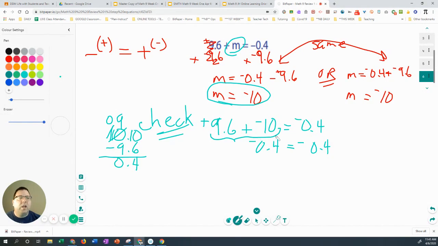You take the sign of the larger number. On a number basis only, 10 is larger than 9.6. So since the 10 has a negative, it's still negative over here. We just rearrange it always to subtract the smaller from the larger because it makes the subtraction easier. But we must understand at a deeper level that the actual answer is negative because the sign on the larger number is negative. Just thought I'd point that out. So our answer is negative 0.4. And we checked it and that worked.